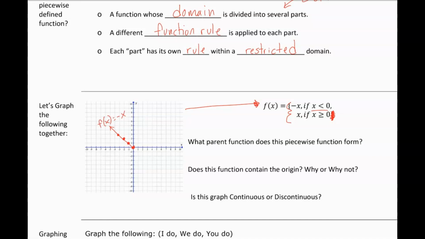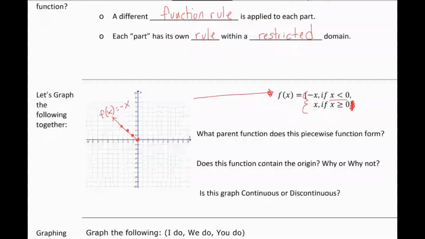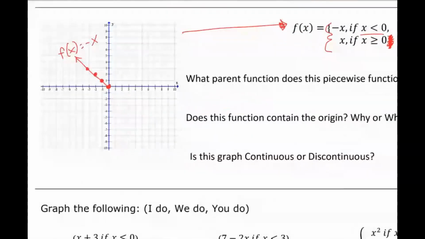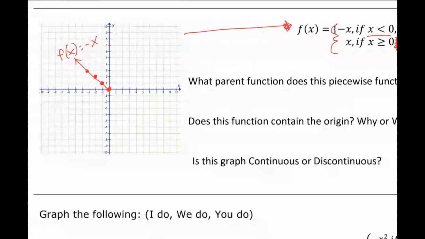Do you need to label each part of the function like I did on the graph? No, I'm just doing that so that you can see which part we're graphing. Does anyone know what I did wrong here? Yes, exactly.